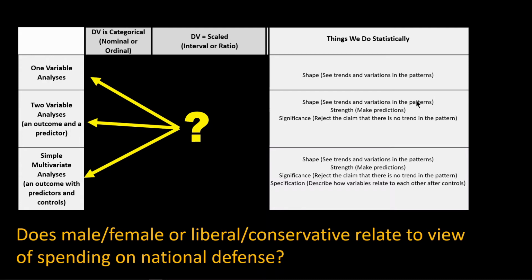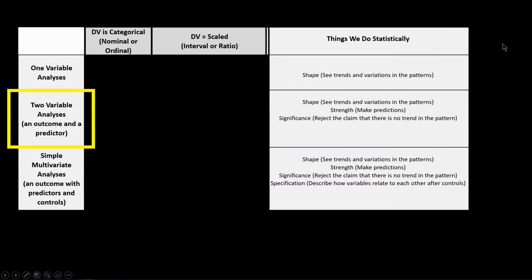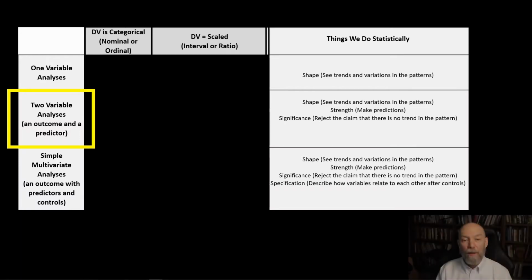So what I'm working with here is a two-variable analysis. I have three variables I'm talking about, but I have one variable being related to views on spending on national defense, and then I have another variable with the patterns in it, male-female, being related to views on spending on national defense. There's nothing I'm suggesting here that puts all three of them together in one mathematical formula.